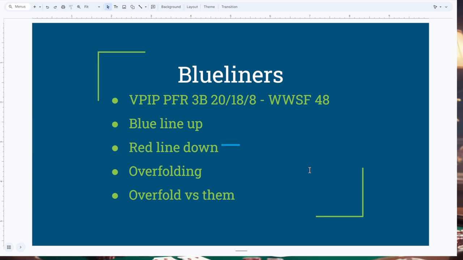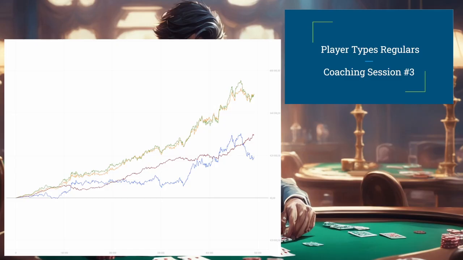Because when you look at the graph, there are usually four different lines people are paying attention to, and I will try to illustrate this with my own personal graph right now. The blue line here shows how much money you win when the cards are turned face up after the river. The red line indicates when you win money by folding out better hands and the hand doesn't go to showdown, which means you're being aggressive.